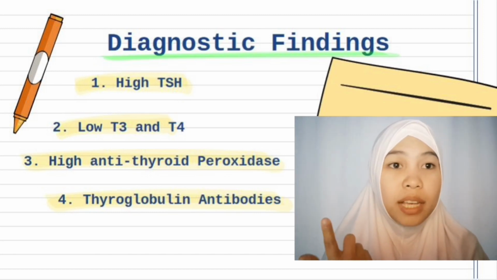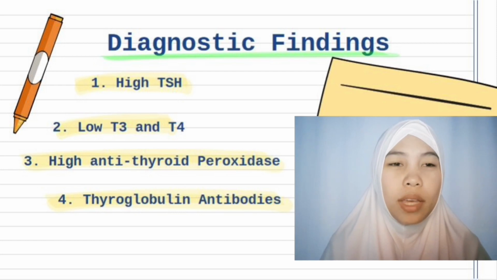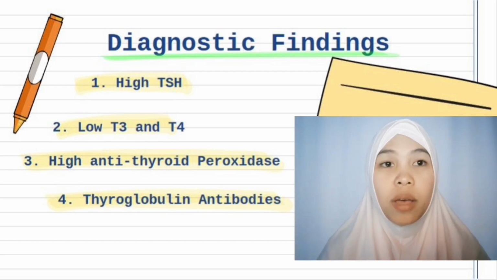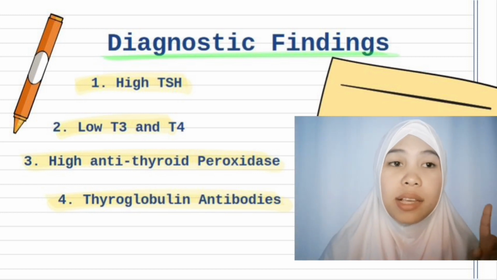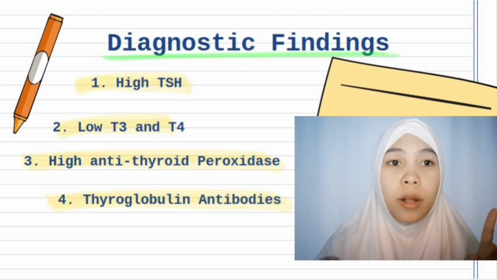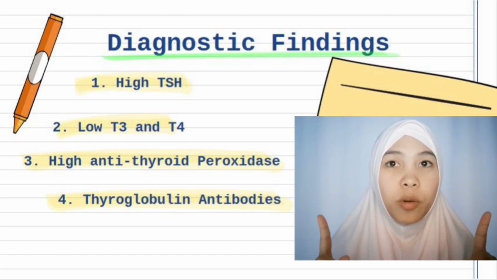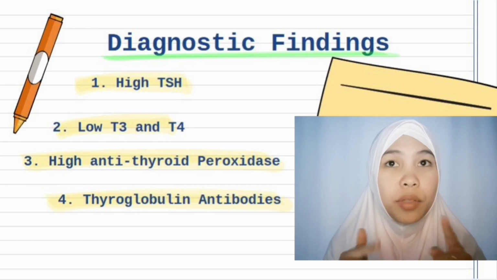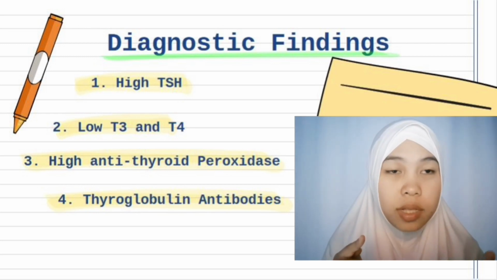Kaya nga mataas yung TSH kasi ginagawa niya ng paraan para itaas ni thyroid gland yung thyroid hormone. Pero, mababa pa rin ang thyroid hormone mo. So, kahit na mataas si TSH, pero hindi pa rin tumataas si thyroid hormone, meaning, possible na merong hypothyroidism and malaki ang chance na may Hashimoto's disease.